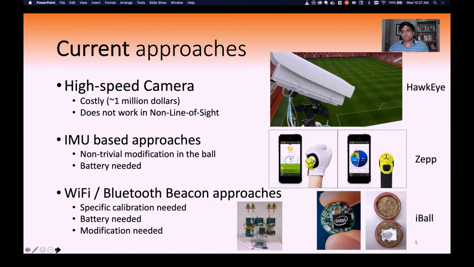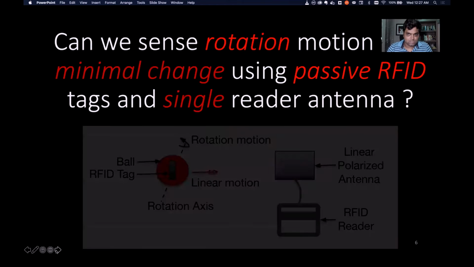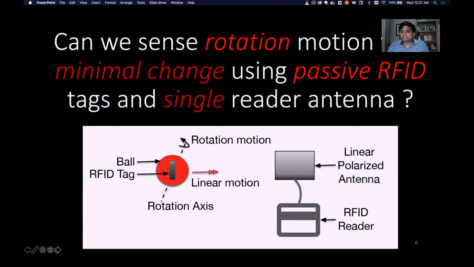So in this paper, we try to get this information without these costly or highly modifying approaches. We ask: can we detect the rotation motion with minimal change using passive RFID tags and a single reader antenna? A single antenna setup, which is also commercial off the shelf, becomes very easy to deploy.